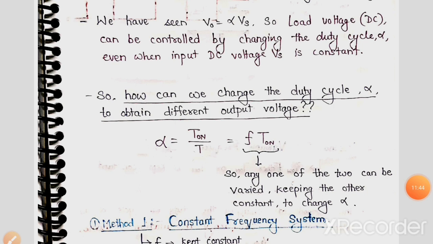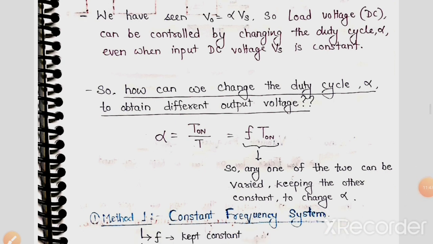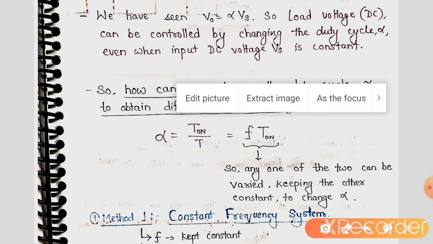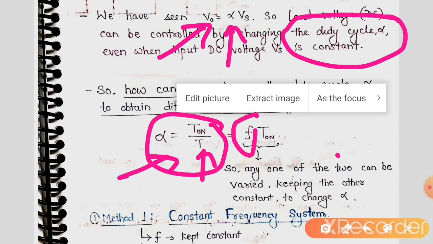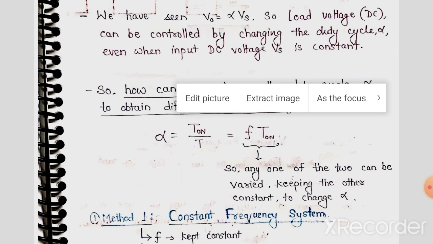We can see from here that the average output voltage V naught can be changed by changing the duty cycle alpha, and this duty cycle is dependent on T on as well as T. So output voltage V naught can be changed by changing alpha, and alpha can be changed by using either T on, or the chopping time period, or chopping frequency, or the turn on time. So by changing these we can change the output voltage.